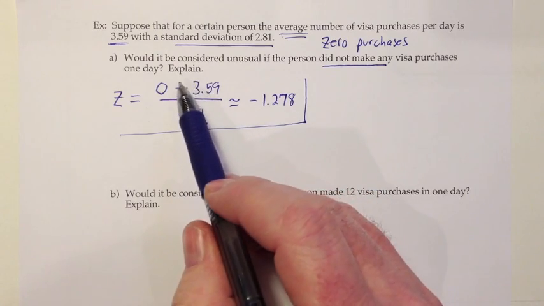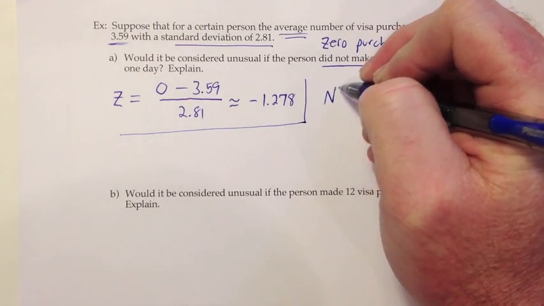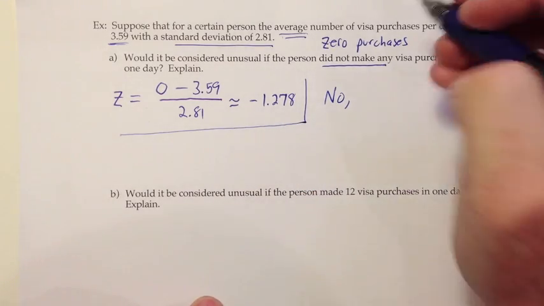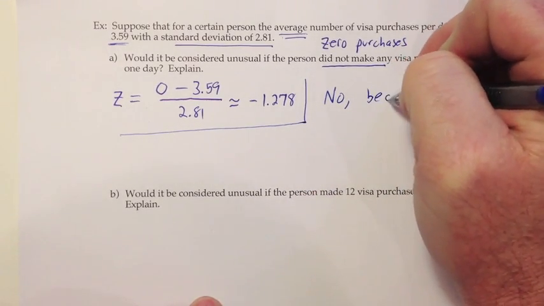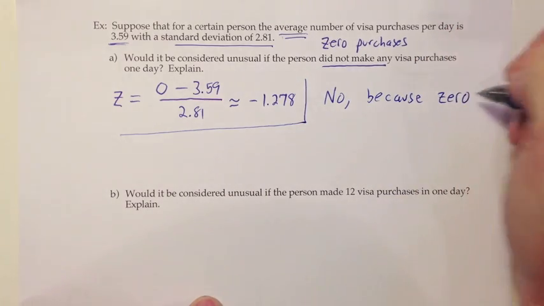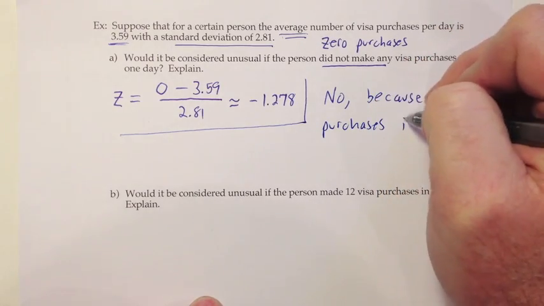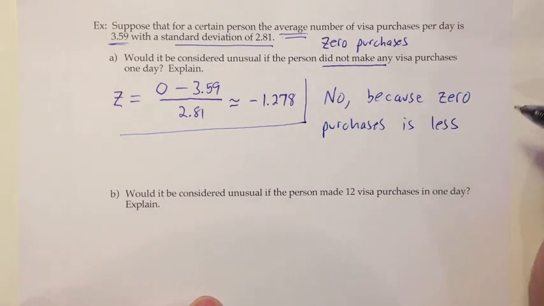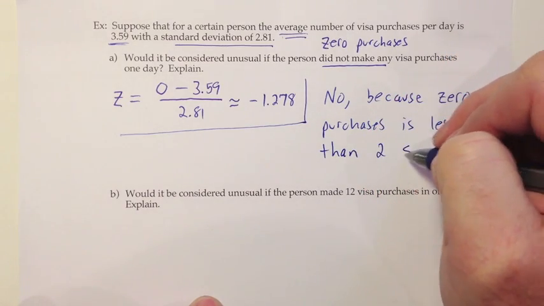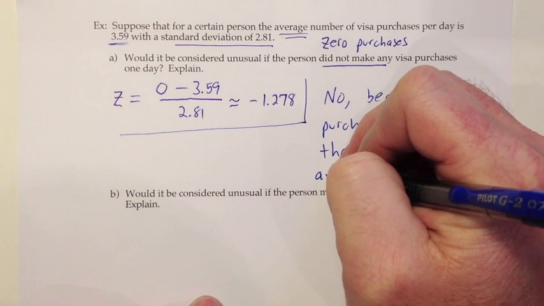So let's get to that explain part and answering the question. Would it be considered unusual? I would say no. And then my explanation would be based on this z-score. I would say no because 0 purchases, which is what they asked about, is less than, and then the key number for that is always 2, so it's less than 2 standard deviations away from the mean.